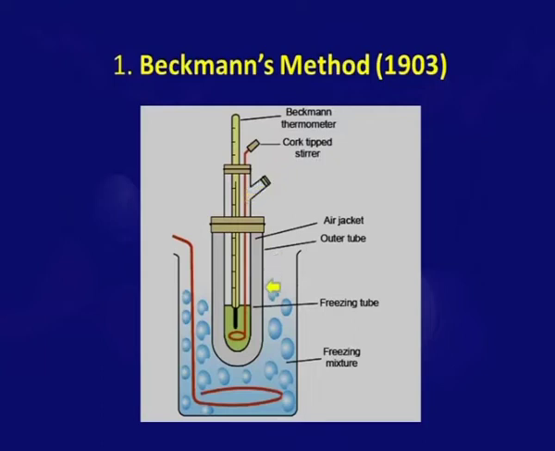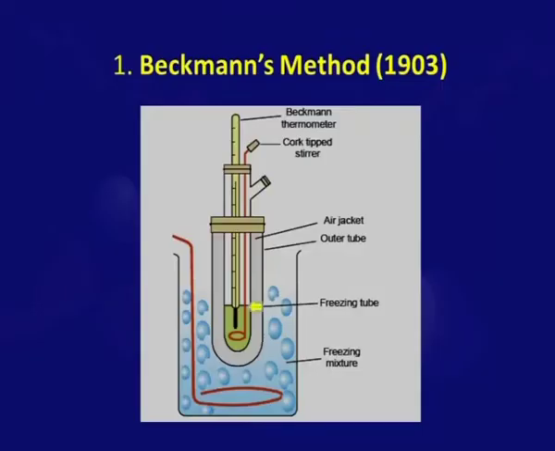An outer larger tube into which is fixed the freezing tube, the space in between providing an air jacket which ensures a slower and more uniform rate of cooling. A large jar containing a freezing mixture, for example ice and salt, and having a stirrer.